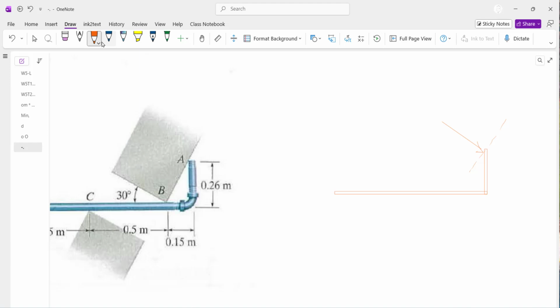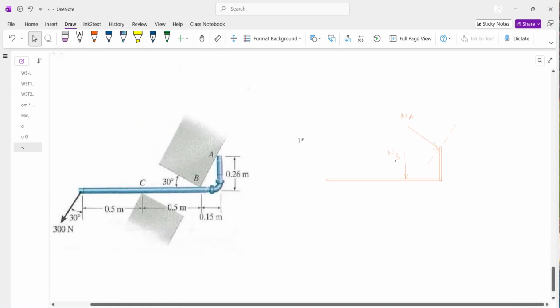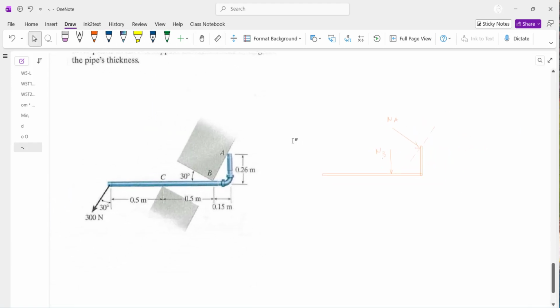But here the direction of sliding at B is not along the concrete, it is along the pipe. So at point B, that is the sliding direction, and my single normal contact would be normal to the pipe, not normal to the concrete. So I would call this one NA, and this one NB, and that's all the challenge we had.